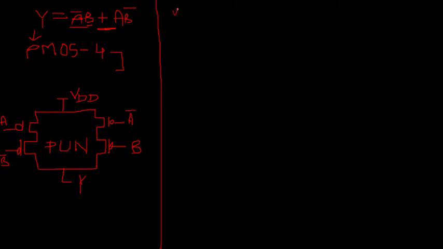So let us say we have to implement Y bar for the pull down network. Y bar means the output for XNOR, because Y here is XOR, so Y bar will be XNOR.